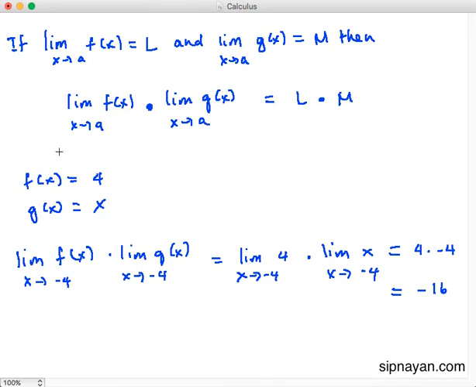What about this? This is negative 8 tsaka x. No?